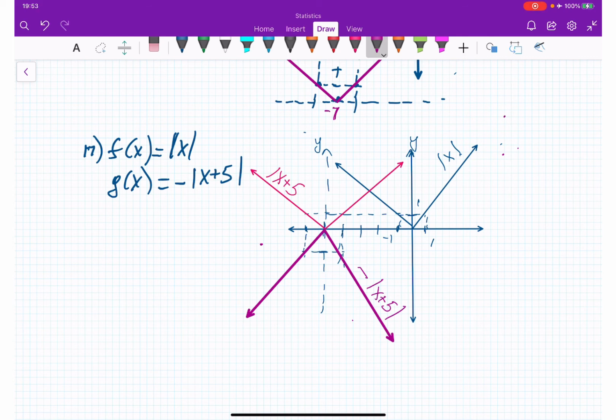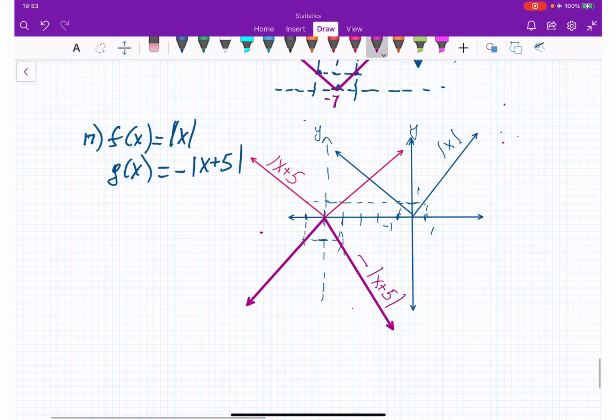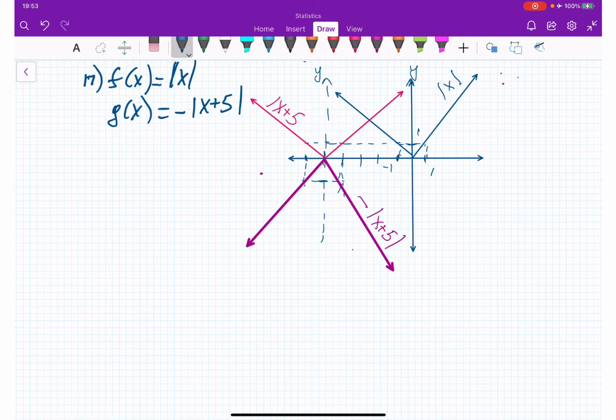Question number 18. f of x is equal to absolute value of x, and g of x is equal to negative absolute value of x minus 1 plus 7.